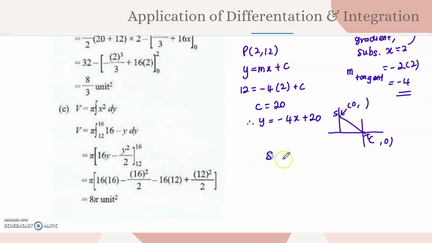So to find S, when x equal to 0, y equal to negative 4 times 0 plus 20, so we get y equal to 20.